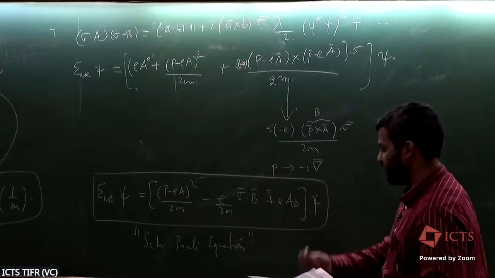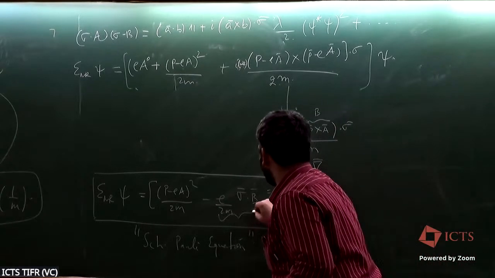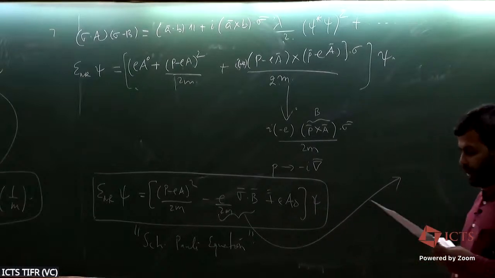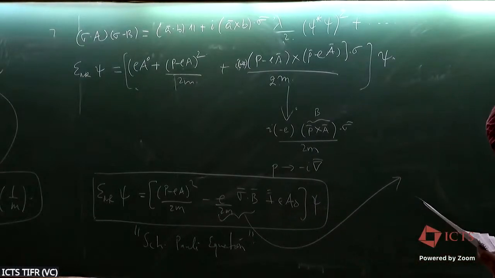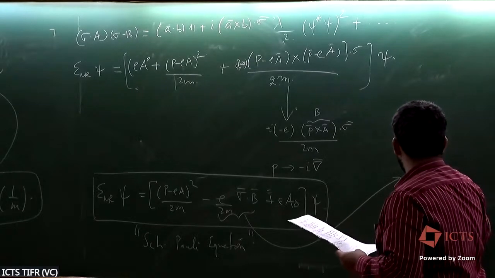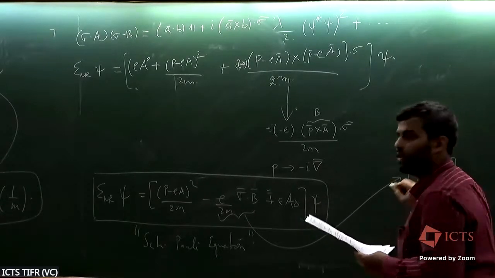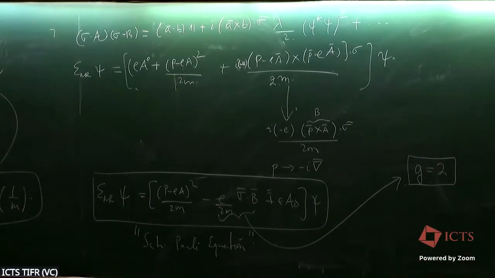So like Professor Daniel predicted, if you take this term and associate it with the magnetic moment of a fermion in a magnetic field, you would conclude that for a spin-half fermion, the g factor is 2.